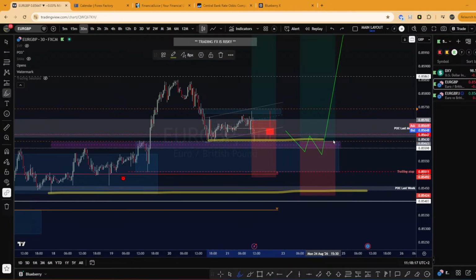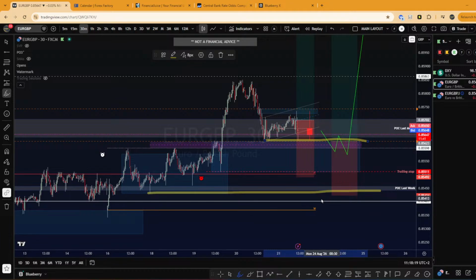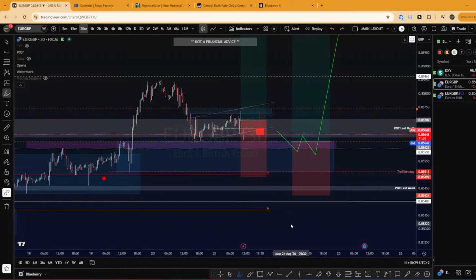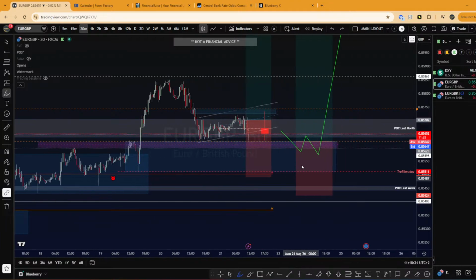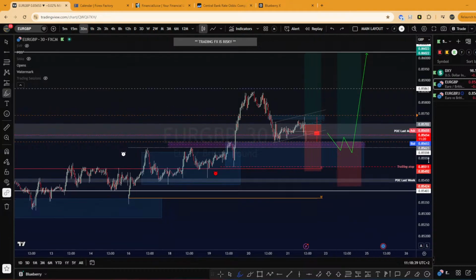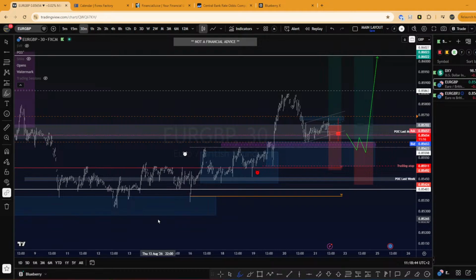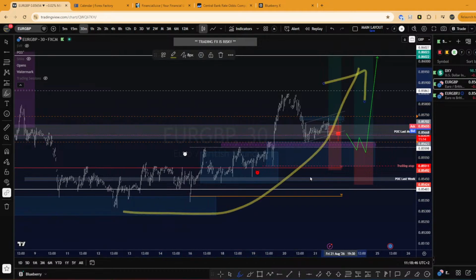We would be happy to start to buy here, but with a larger stop, because if I want to swing it, I need a larger stop. I don't want to be in front of my screen the whole day. So I think I will put some buy limit here with a better stop loss, and let the trade do what it wants to do, because I still think that we are bullish.